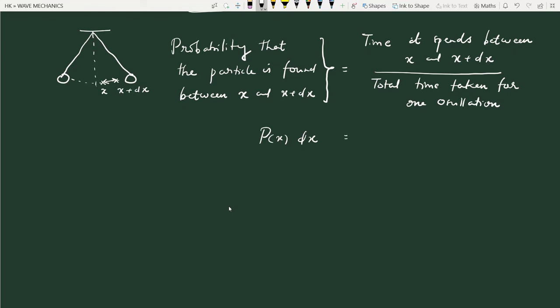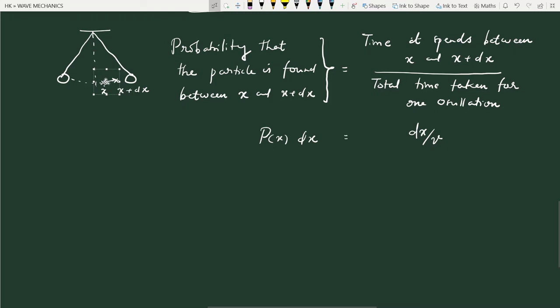How do we calculate the time it spends between x and x plus dx? What is the time for crossing the distance dx? It is distance by velocity. Let's say script v represents velocity. So the time it takes for the particle to cross from x to x plus dx is dx by v.